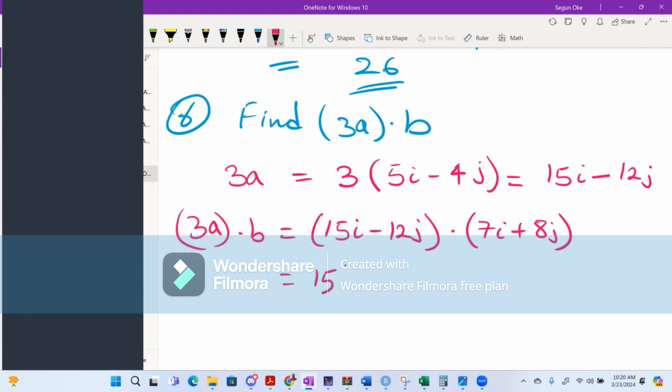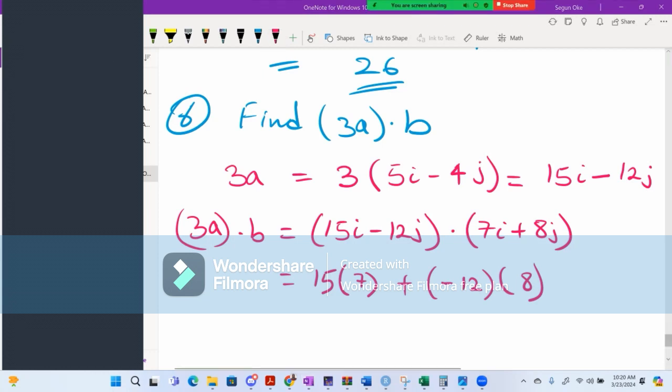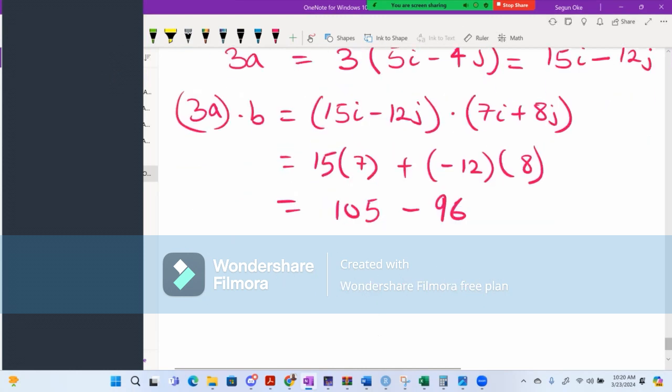So we have 15 multiplied by 7, plus minus 12 multiplied by 8. 15 multiplied by 7 will give you 105. Minus 12 multiplied by 8 is minus 96. When you add it together, you have positive 9.